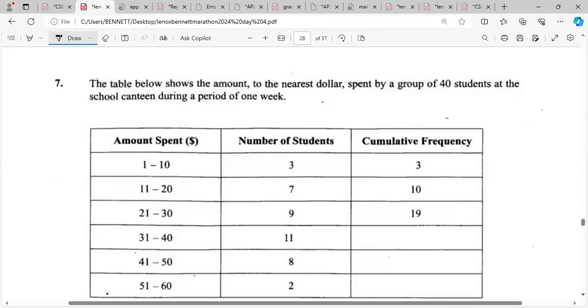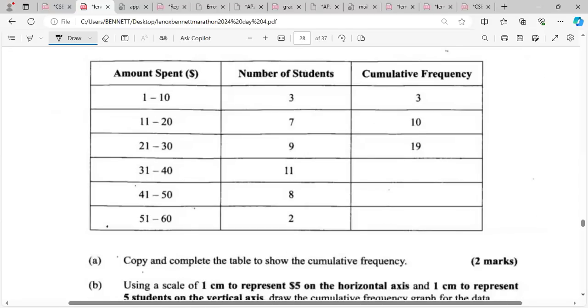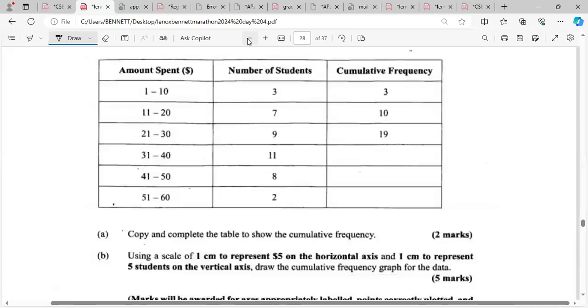The amount of money spent, number of students, cumulative frequency. Copy and complete the table to show the cumulative frequency. So go ahead, guys, and match up this. So we're going to statistics now.